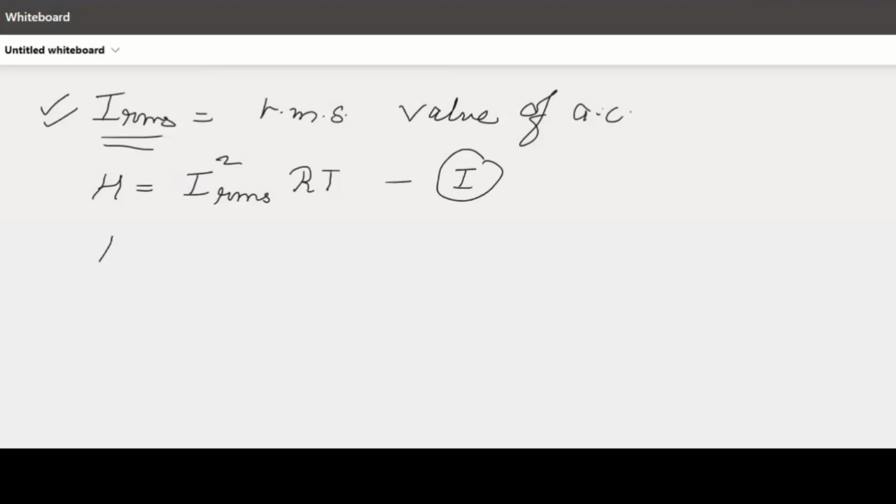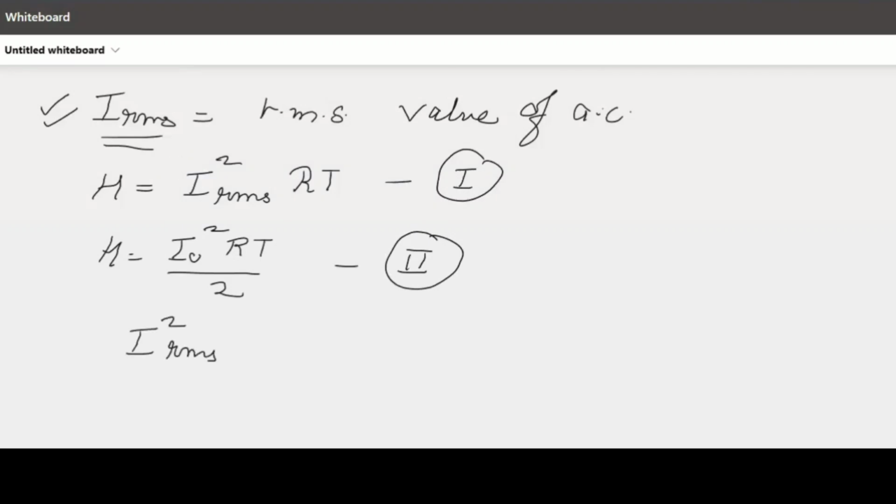Earlier we calculated the value of the heat for the complete cycle, that is equal to I naught square RT divided by 2. I mark this as equation number 2. So comparing both these equations, we have I square RMS RT is equal to I naught square RT divided by 2.